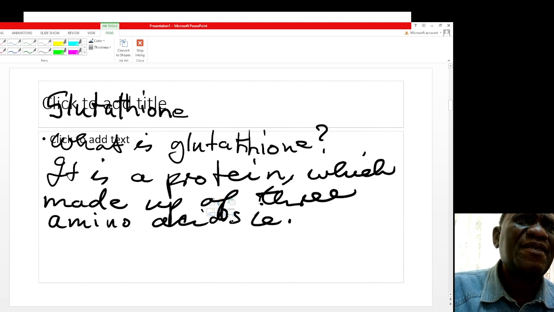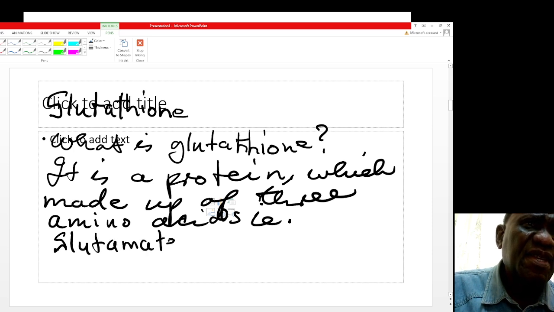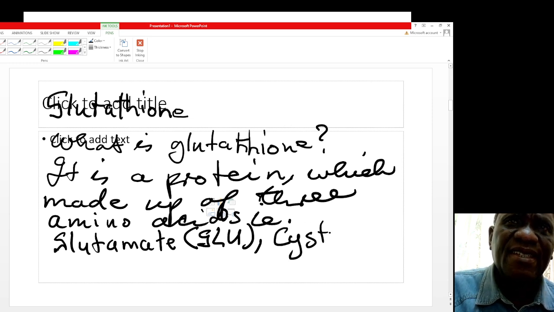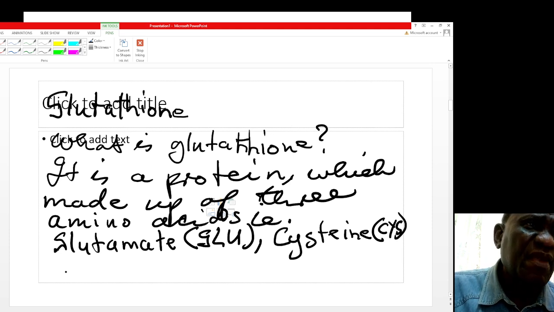That is glutamate, which you can write in short like this. Then cysteine, which you can just say cys in brackets.